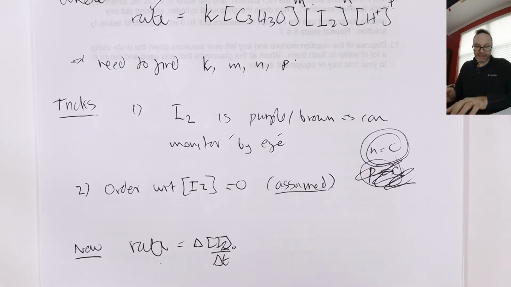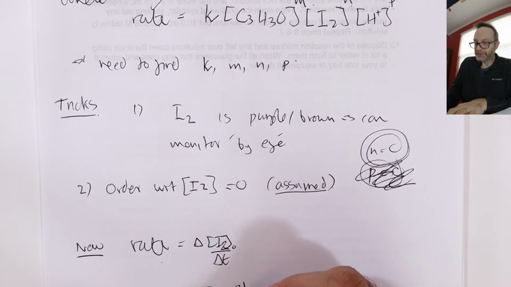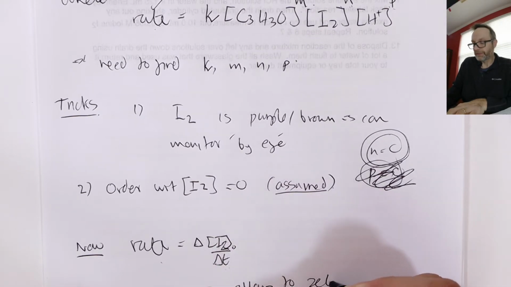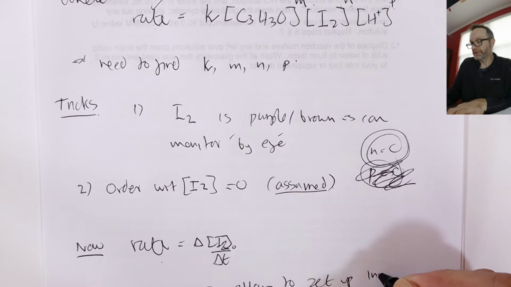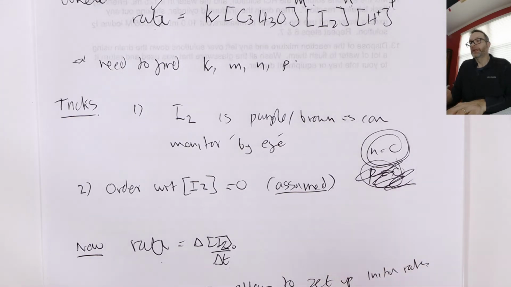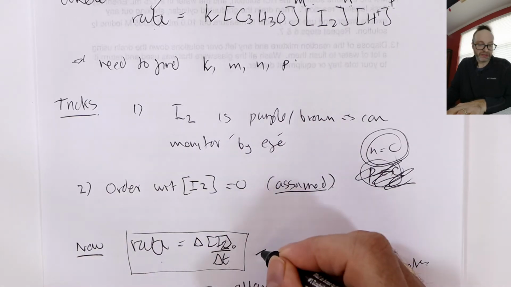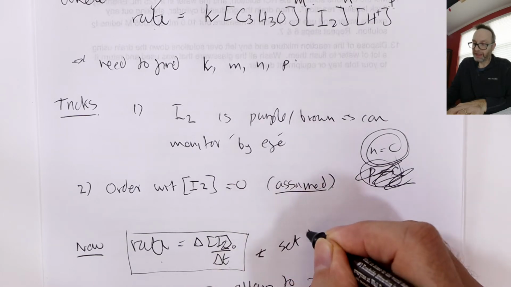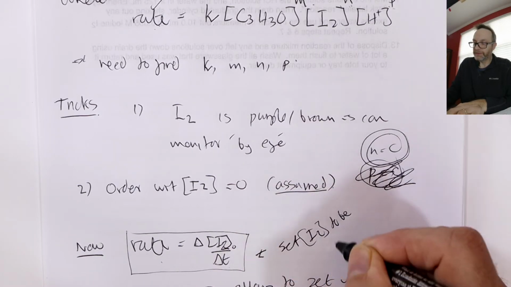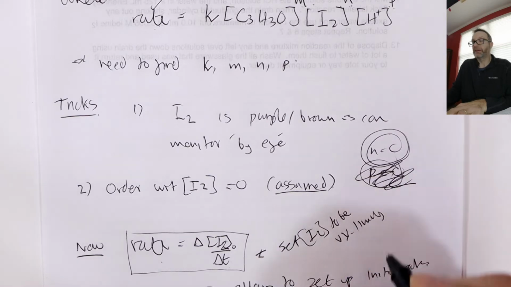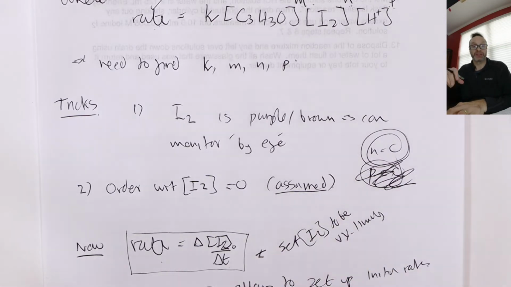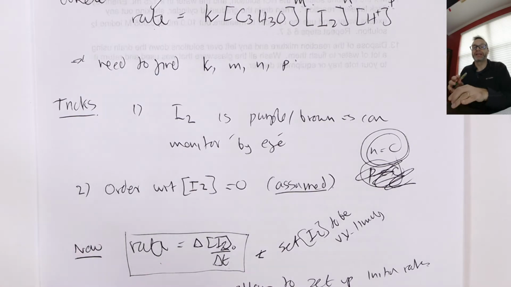Okay. This allows us to set up initial rates. What we do, the trick, is set I2 to be very, very limiting. So we set the amount of iodine in the solution as a tiny value. If you think about it, for acetone and H+ the concentrations are bigger, and iodine is small.